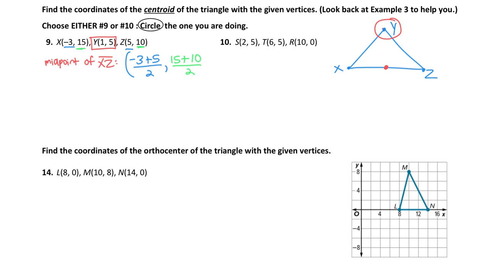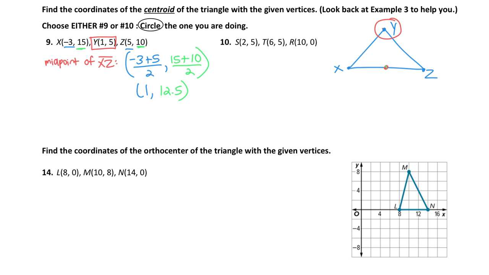That'll give us the average of those coordinates. Okay, so just do that. So -3 plus 5 is 2. 2 divided by 2 is 1. Hey, that's nice. And then we have 15 plus 10 is 25, divided by 2. That's not so nice, but that's okay. We can deal with it.